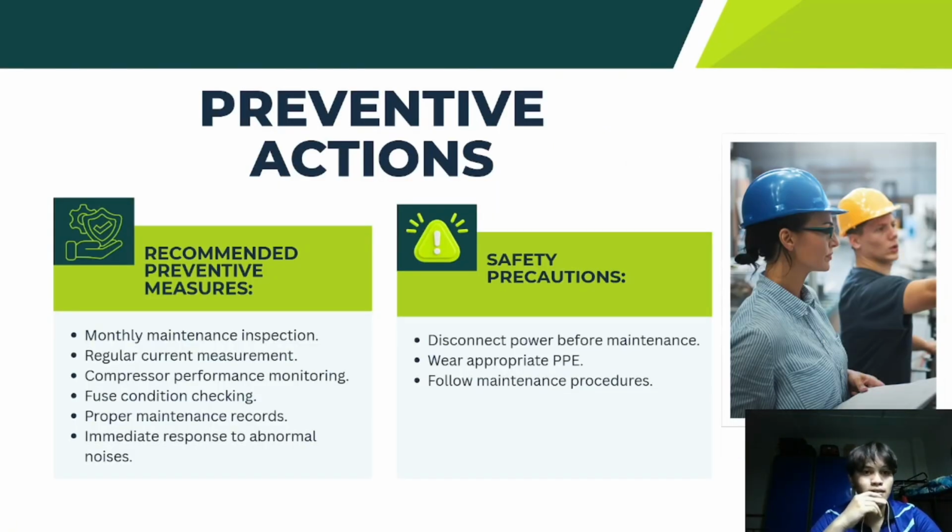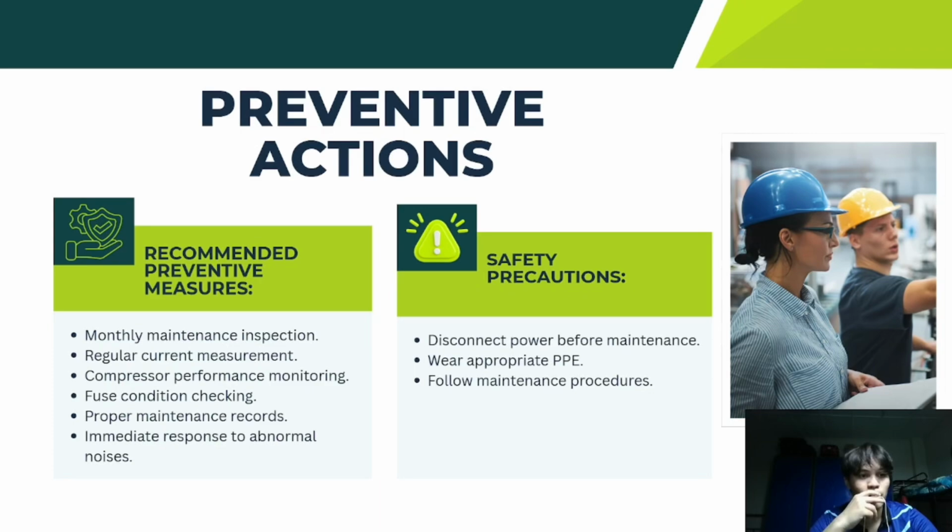All right. So lastly, besides correcting the current problem, preventive actions are equally important. Several preventive actions are recommended, such as monthly maintenance inspection should be carried out. The compressor current should be measured regularly to detect abnormal electrical conditions before serious damage occurs.